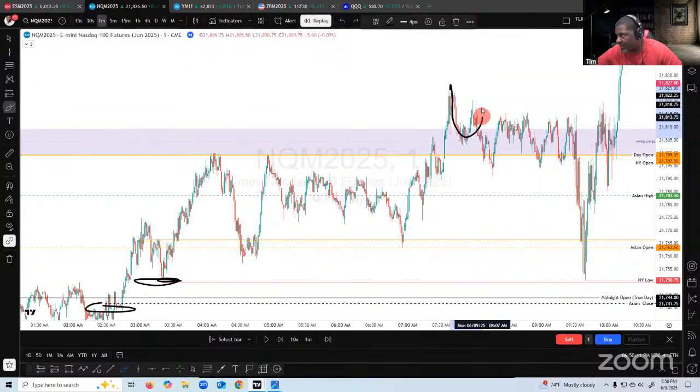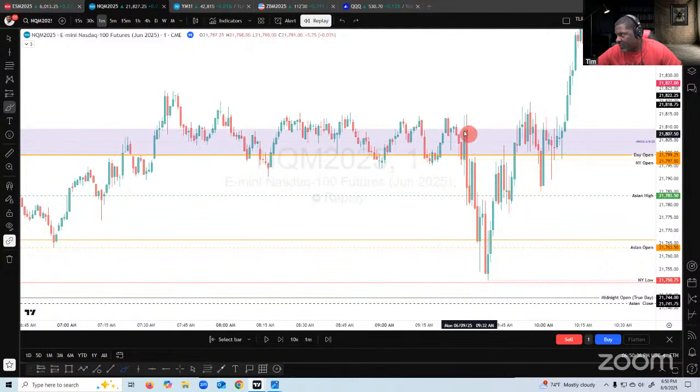Made a new high, came back and started to consolidate around Friday's close and today's open, right? Remember, the high of this is Friday's close. The low of this purple area is today's open, right? And we're just consolidating there in between Friday's close and today's open up until the 9:30 open, right?